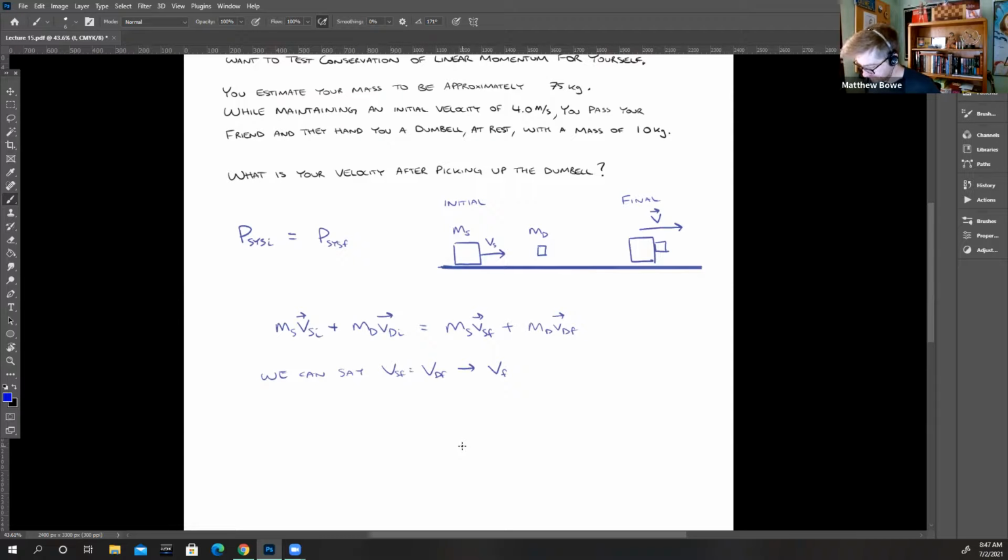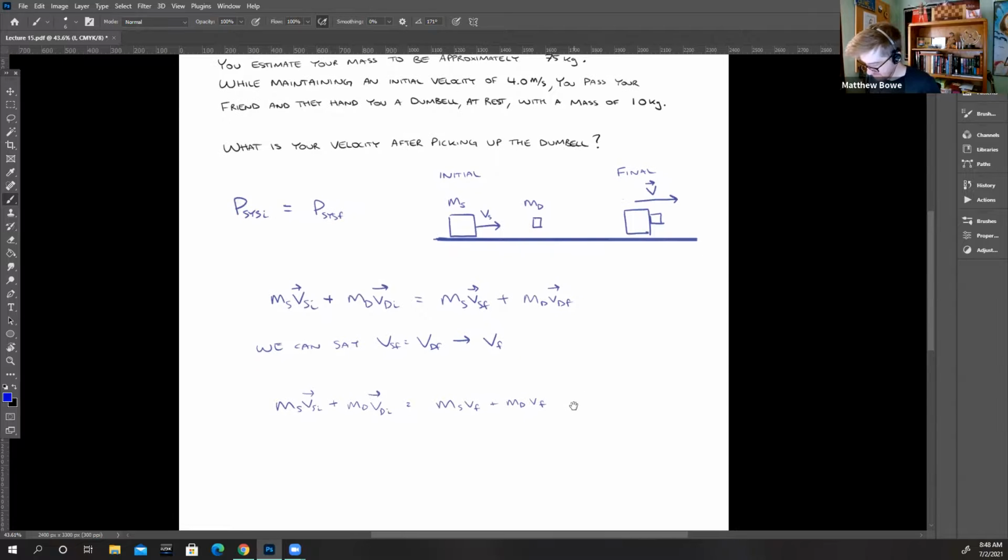Now, let's write this out a bit more. Plus the mass of the dumbbell, the velocity of the dumbbell initially, is equal to the mass of the skater times the final. What are some things we could break this equation down with?